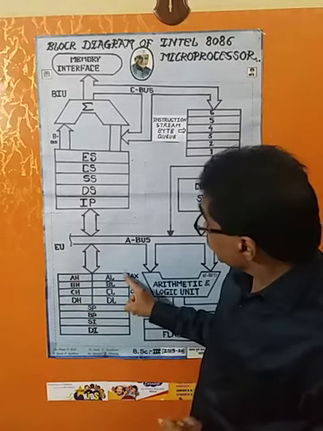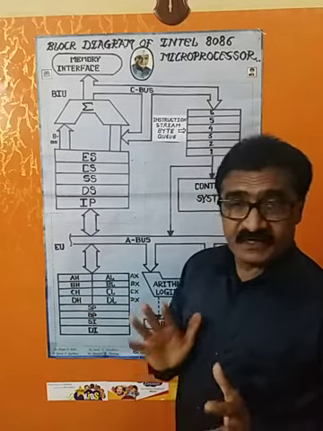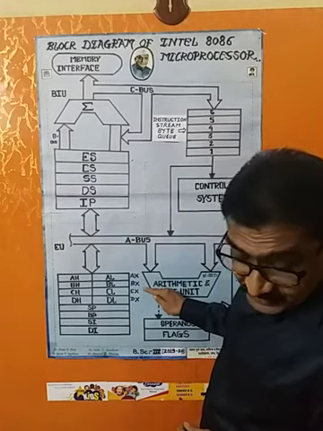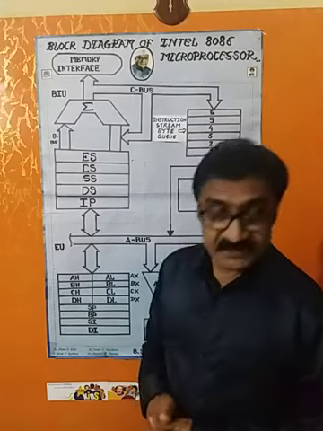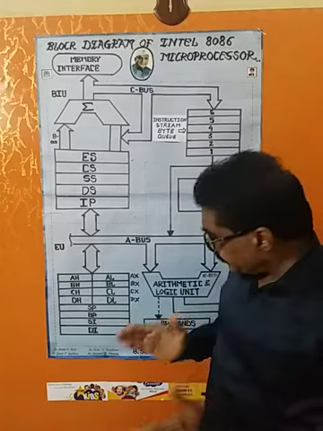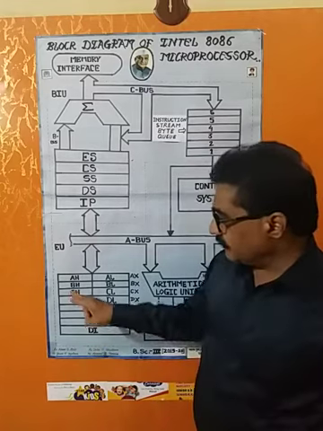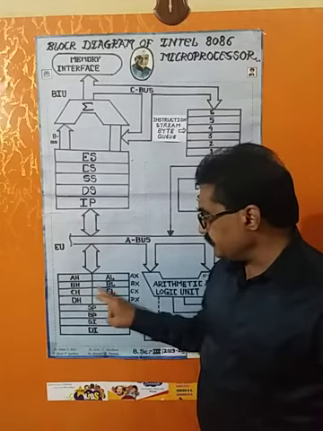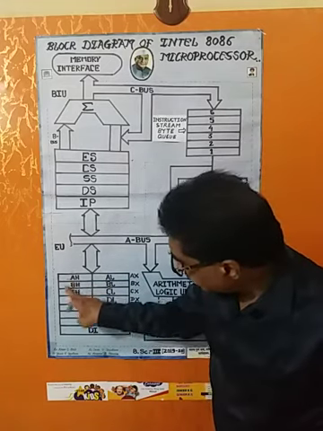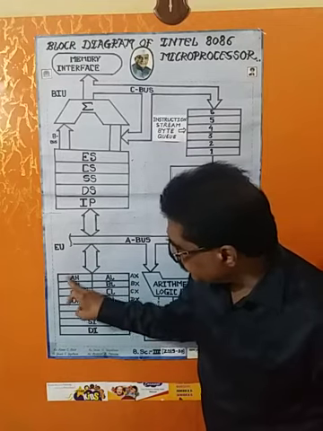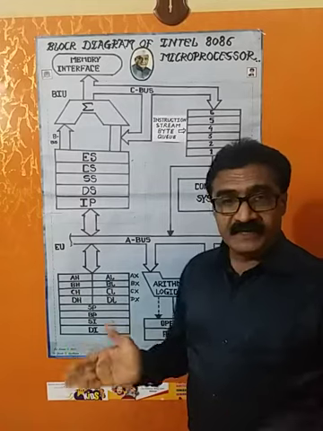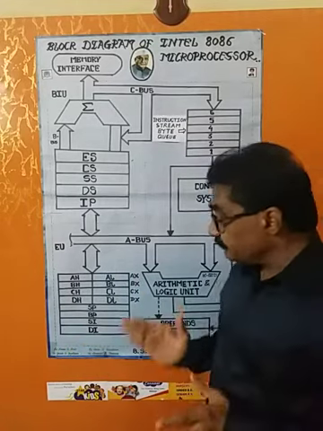In this case, there are four general purpose registers, that is AX, BX, CX and DX. Each register is subdivided into two parts, that is AH, AL, BH, BL, CH, CL, DH, DL. All these are used as 8-bit registers individually, and when combined, they act as 16-bit registers.